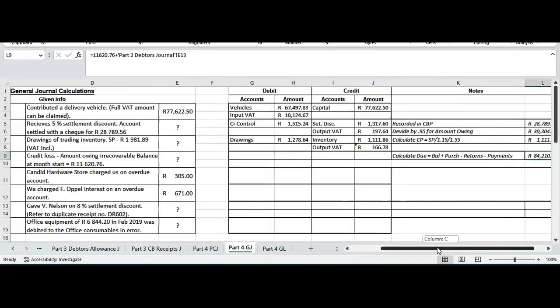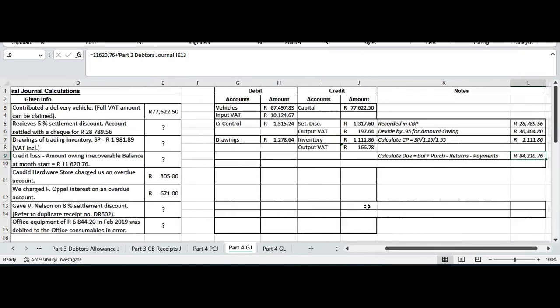Now we already know there's going to be an input VAT here, because in the previous question I said that if there are credit losses, we can expect input VAT. So our credit losses is that amount divided by 1.15.